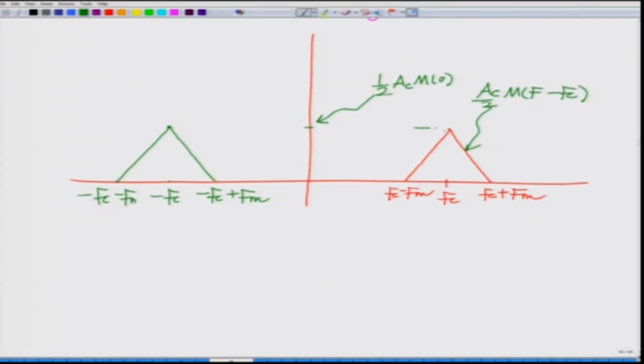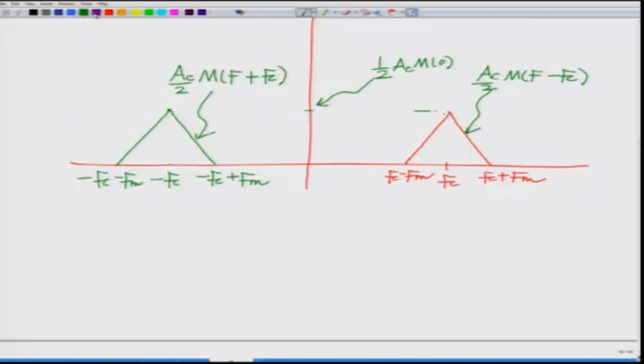This corresponds to Ac by 2 M(f plus fc), that is the spectrum M(f) shifted to minus fc and scaled by Ac by 2. So, you have two bands, one from fc minus fm to fc plus fm, and the other from minus fc minus fm to minus fc plus fm, and as you can see, there is no pure carrier component.